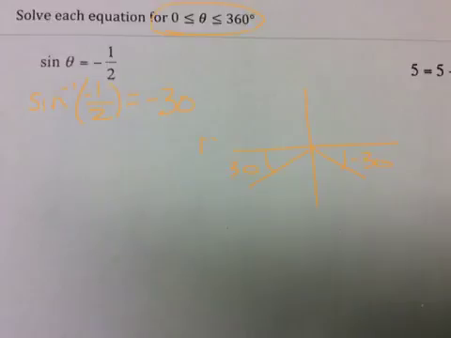So that angle is 180 plus 30. So I know 210 is a possible answer here. Looking at the original angle that I found, this is 360 minus 30. So this other angle is 330. And those are the two possible solutions.